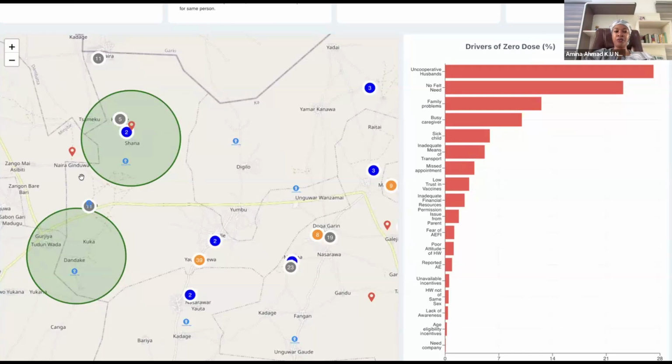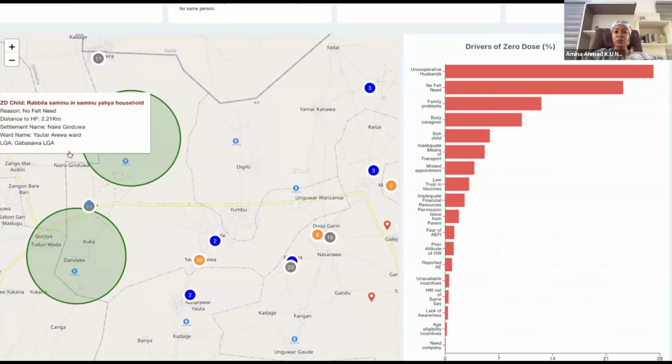If I hover, for example, here, this red marker is a zero dose household, and we are able to see the name of the child. The reason, if you can see, is no felt need, and it is just 2.2 kilometers away from a health facility. So this is a very strong non-compliant household that will require intervention.